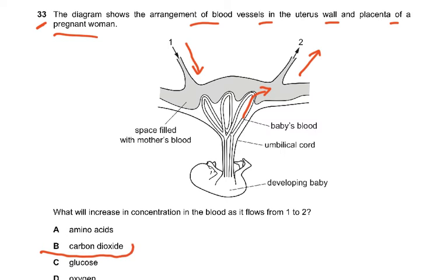Remember that the fetal cells are respiring, using up oxygen and producing carbon dioxide. So there's going to be more carbon dioxide entering the blood vessel which is leaving the uterine wall. This is the uterine wall. And then they have the space filled with mother's blood, and then they have baby's blood and the umbilical cord, and then the developing baby. It's wrong in the way they're not supposed to use the word baby, it's a fetus.